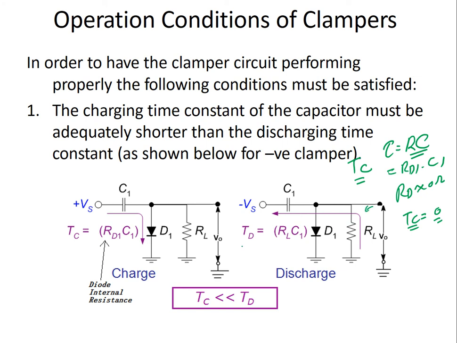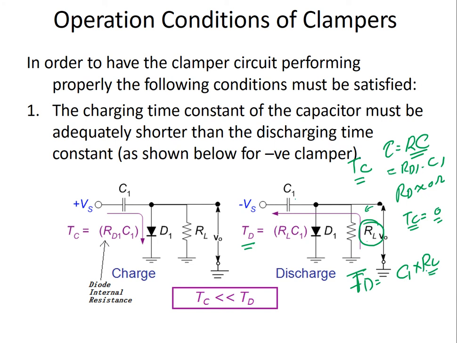In this case, the discharging time is the product of the resistance through which the capacitor is discharging multiplied with the capacitor value. So this will be some specific value.